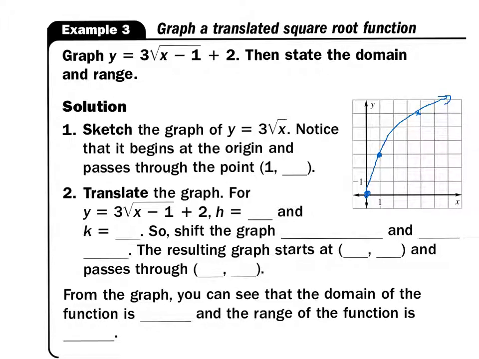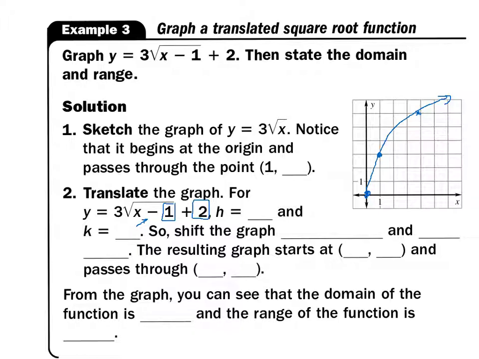Now, I'm going to translate the graph. So this sign is a negative, and that's what it should be. So I'm just going to pull out a positive 1. So every point is going to go up 1. Or, not up, sorry. It's going to go to the right 1. And then every point will go up 2.